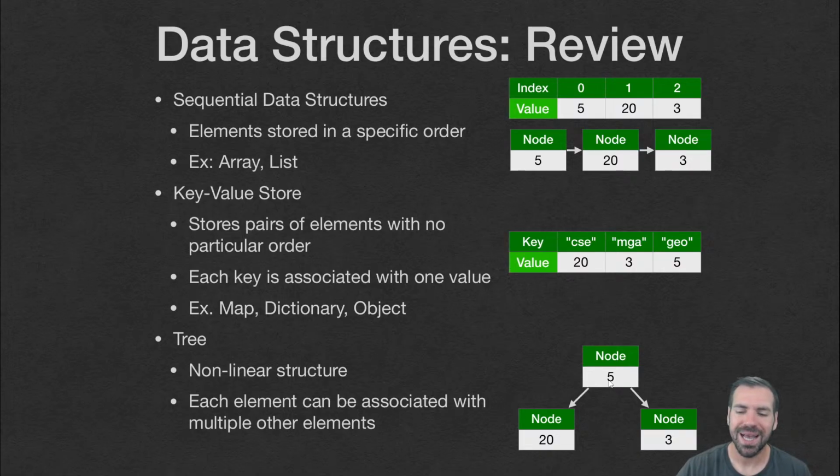Then we saw our first nonlinear data structure. The latest one that we saw was a tree, and specifically a binary tree, meaning that there are at most 2 child nodes for each node. And this was our first nonlinear data structure, meaning the data is branching off in different directions, and we saw that that gives us some nice log n runtime properties as long as we have a balanced tree.